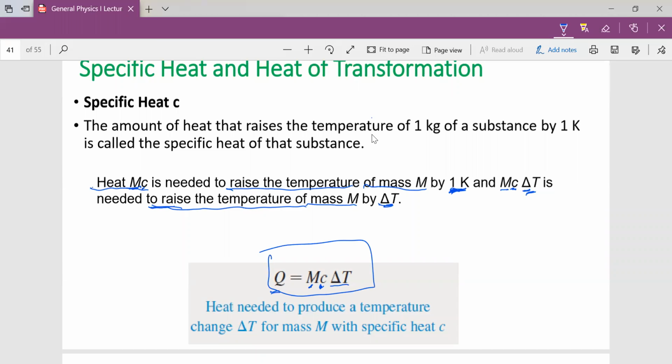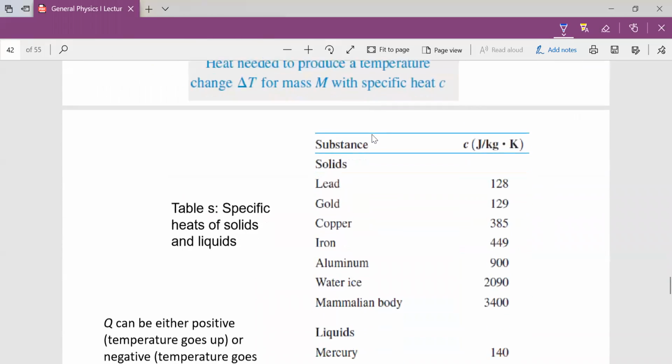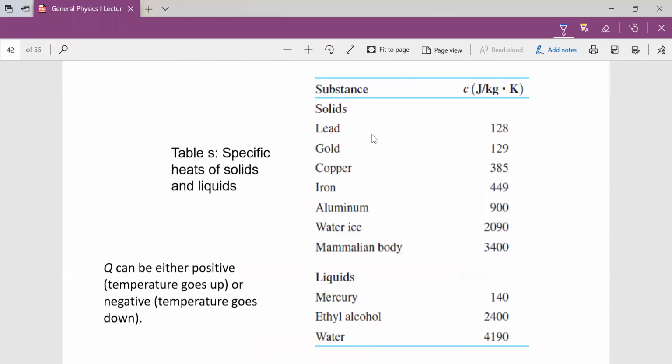Okay, so we have also the table before us, which shows us the specific heat for some solids and liquids, which we'll be applying in some of our calculations or examples that we'll be seeing later. We see that of the mammalian body.